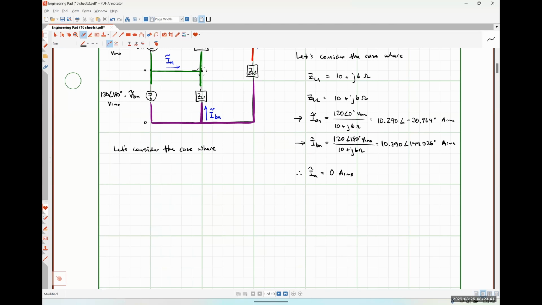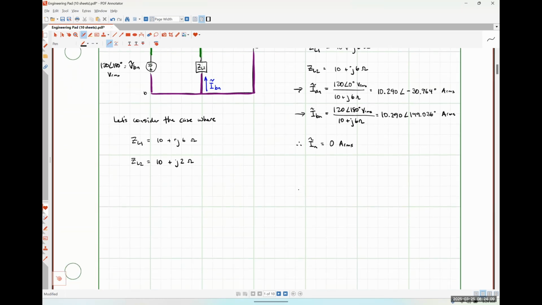So let's say that our impedance ZL1 is once again going to be 10 plus J6 ohms, which means we don't need to bother calculating IAN because we already know what that's going to be. And our impedance ZL2 is now just going to be 10 plus J2 ohms, all right?